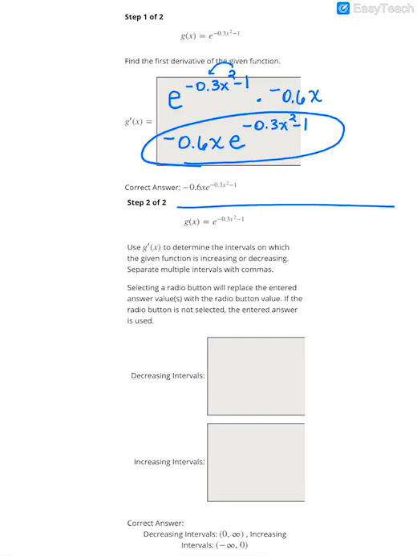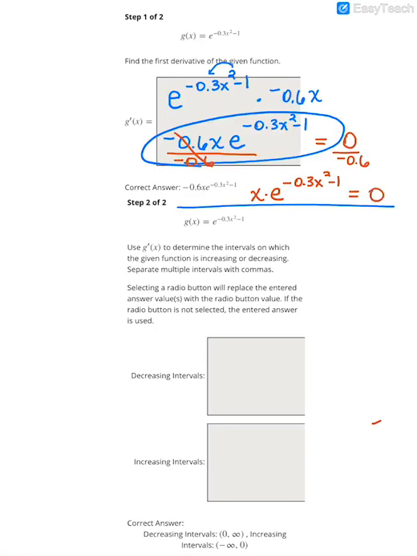So if I take this derivative and set it equal to 0, and I'm trying to solve for x, first thing I notice is I could just divide both sides by negative 0.6. So that would cancel, so we've got x times e to the negative 0.3x squared minus 1 is equal to 0.